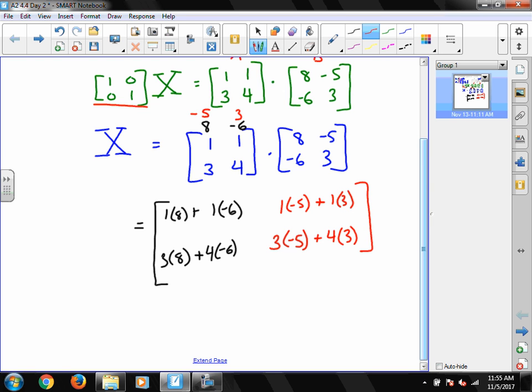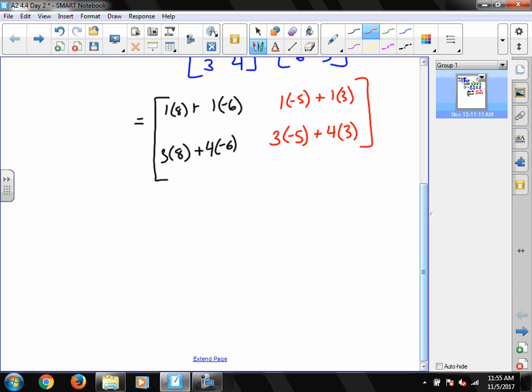Okay. Just like before, now we're just simplifying this down. So I'm going to get 8 plus 1 times negative 6, which is minus 6. Down in the bottom left, I'm going to get 24 minus 24.